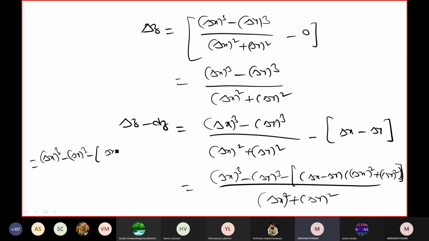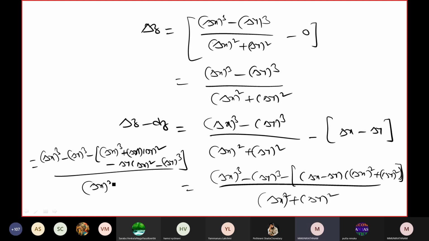Multiplying, we get delta x whole cube plus delta x into delta y whole square minus delta y into delta x whole square minus delta y whole cube by delta x whole square plus delta y whole square.